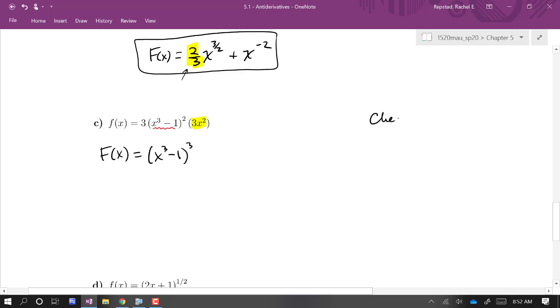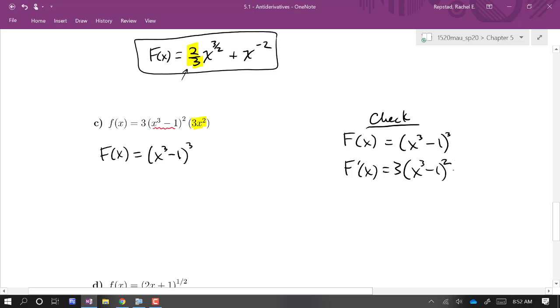Now, when we check this, big F of x is (x cubed minus 1) to the 3rd. So when I find its derivative, we're hoping we should get the function they gave us. So we bring the 3 down, then we have (x cubed minus 1) squared, and then the chain rule says times 3x squared.